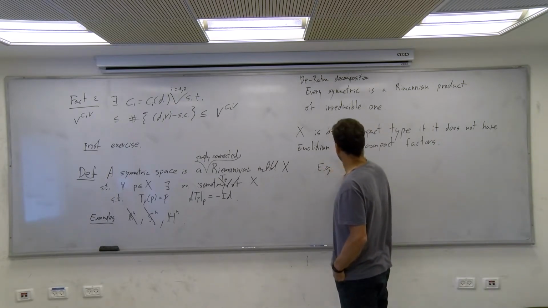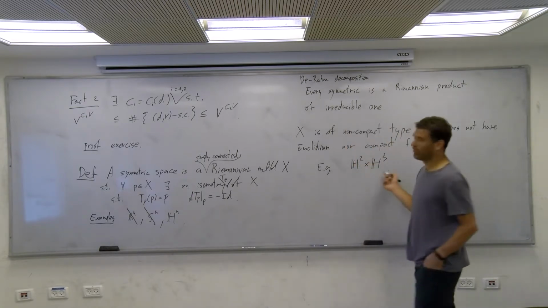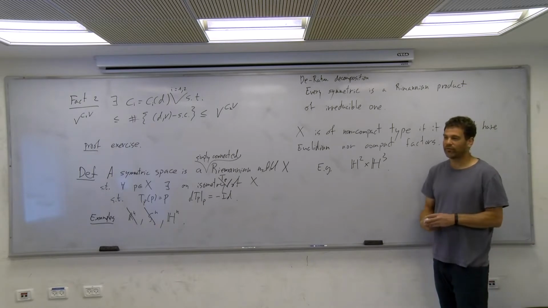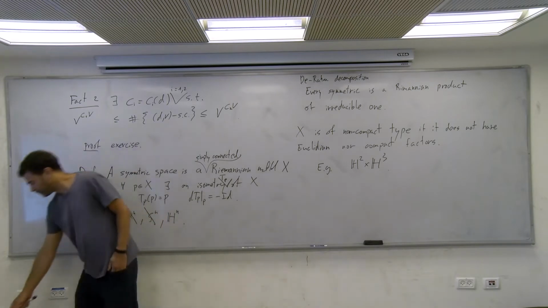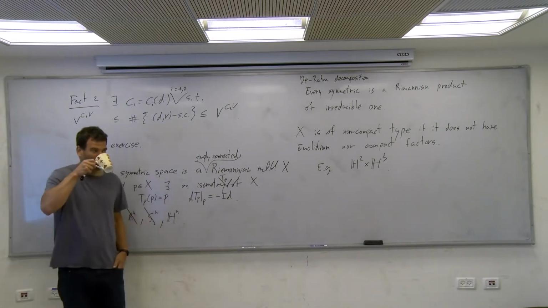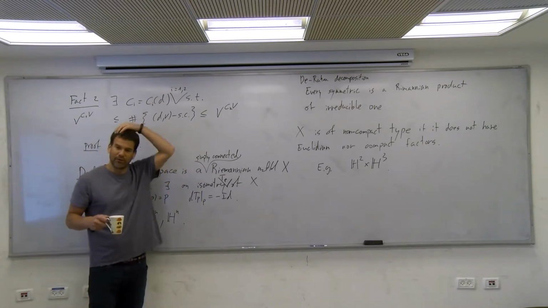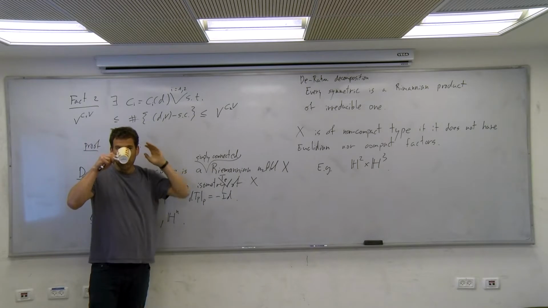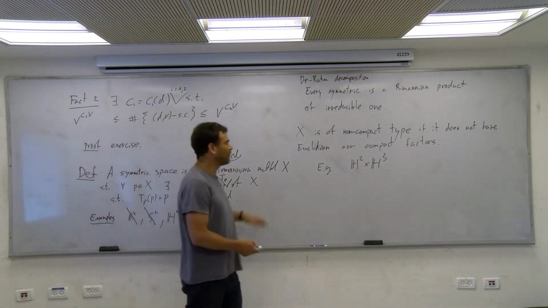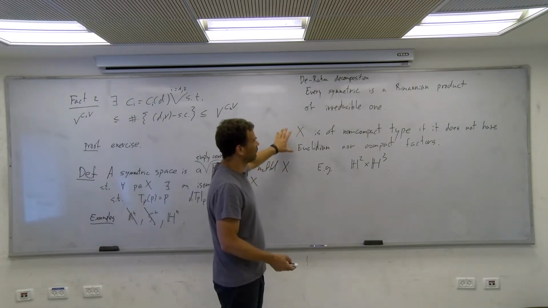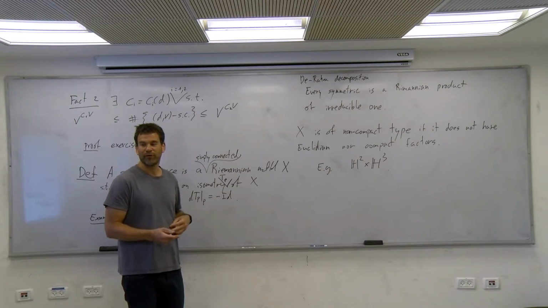Example, H2 cross H3. This is a symmetric space of non-compact type. It's not irreducible. It's a product of two hyperbolic spaces. I will say much more about it in the future, but there is a nice equivalence between the category of symmetric spaces and the category of semi-simple Lie groups with no compact factor.